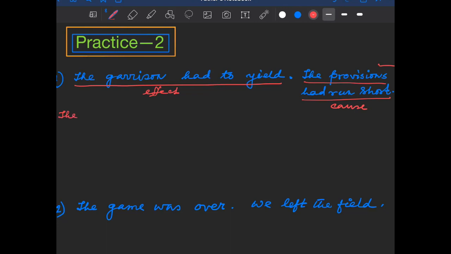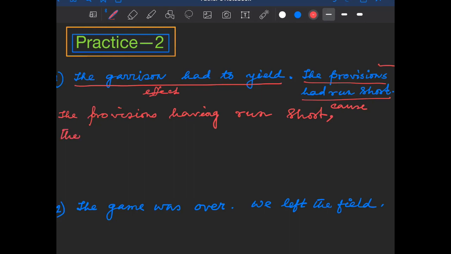The provisions had, so having, past participle run short. Keep this.